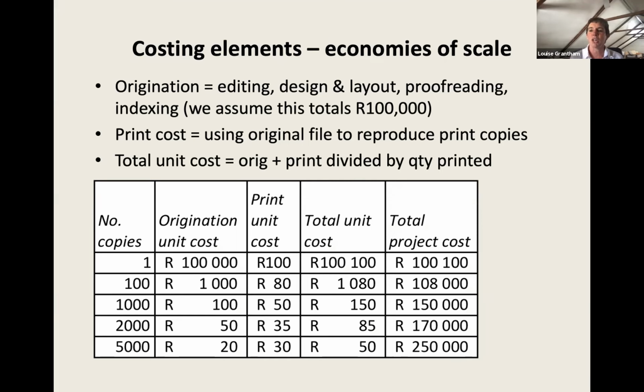So if our origination cost is 100,000 Rand, and we're going to print one copy of a book, so the first line of my table there, let's assume that one copy costs 100 Rand to print it. Then the unit cost of that book is 100,100 Rand. And that's the total cost of the project.